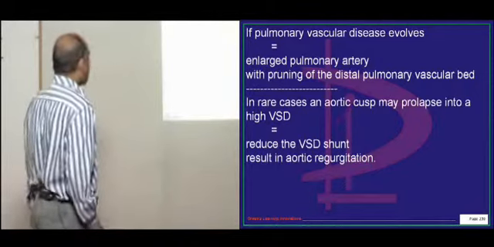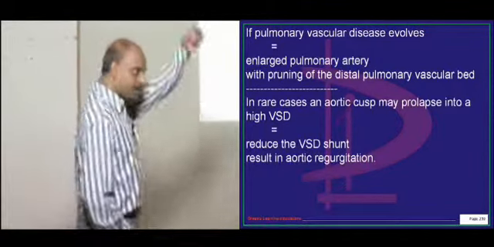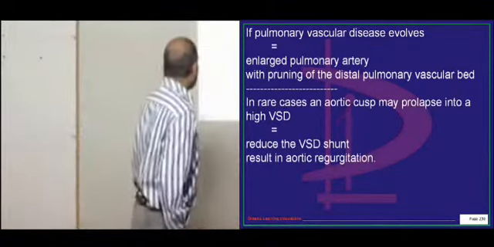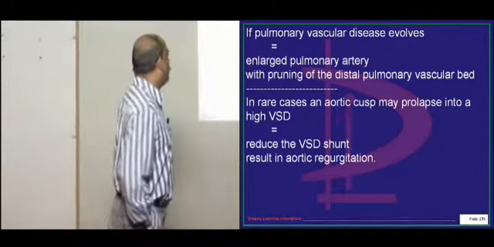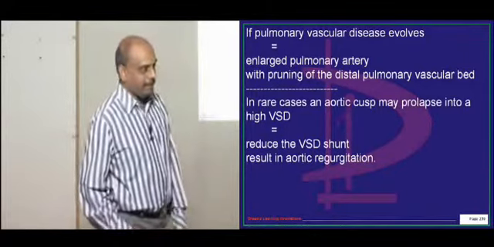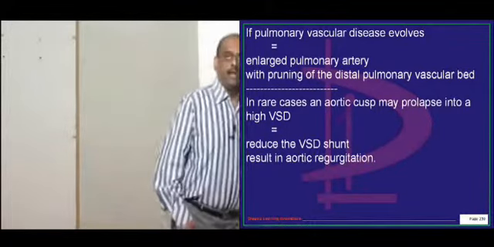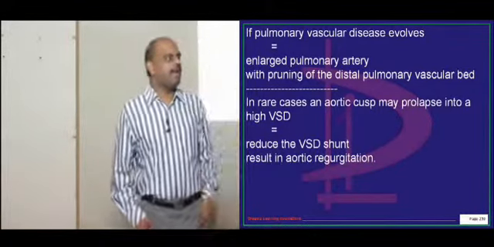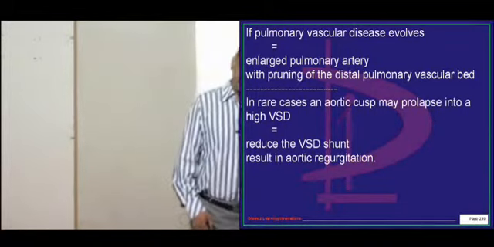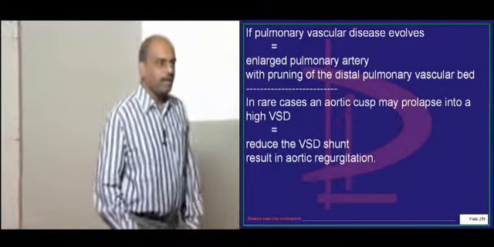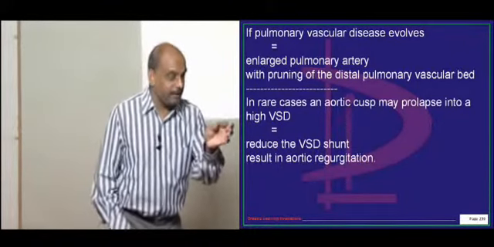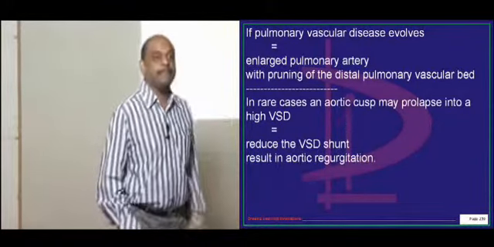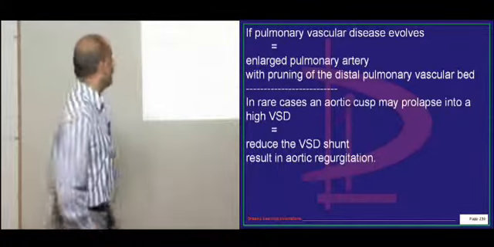If it is associated, it can lead to the development of aortic regurgitation, and also it will reduce the degree of the VSD shunt in that scenario. So the associated abnormalities with the VSD can be an associated PS, or an associated AR because of the aortic valvular prolapse.